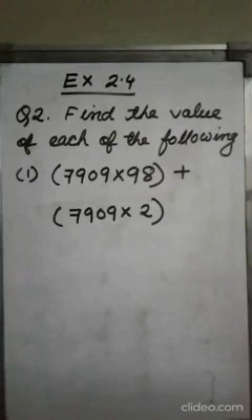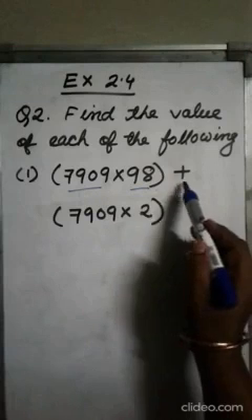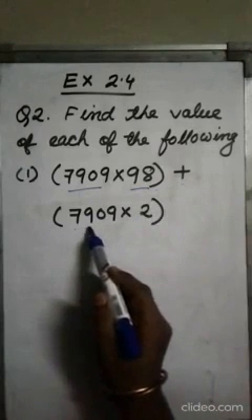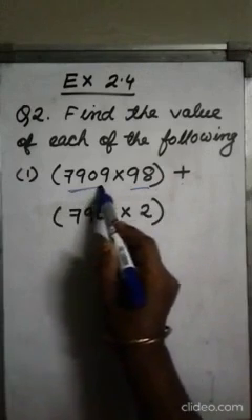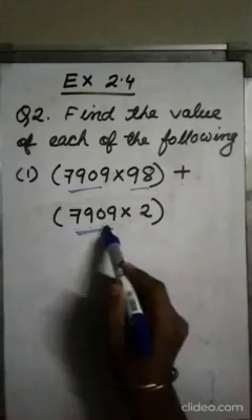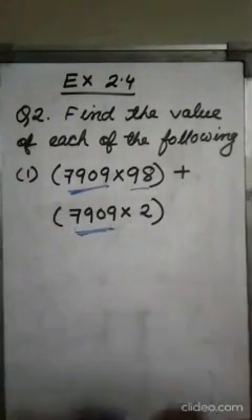Exercise 2.4. Today we will do question number 2. Find the value of each of the following. Number 1, 7,909 into 98 plus 7,909 into 2. Here these two are same numbers.